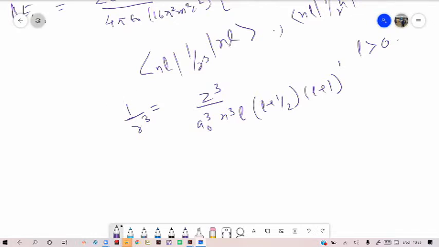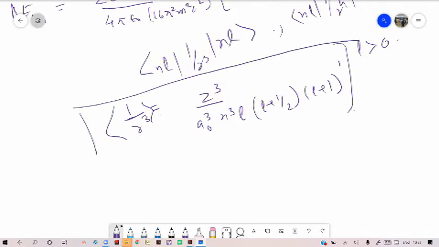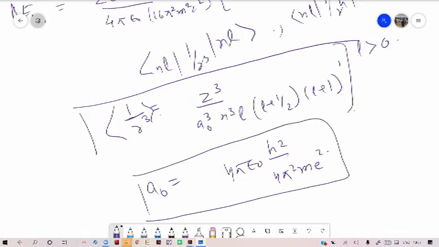So this is the average value of 1 by r cube, and I will write it like this. Here a naught is the Bohr radius, the radius of the smallest Bohr orbit of the hydrogen atom, and it has the value 4 pi epsilon naught h square by 4 pi square m e square. This has all been calculated for the first orbit, where psi is taken as the wave function e raised to power minus 2r by a naught.